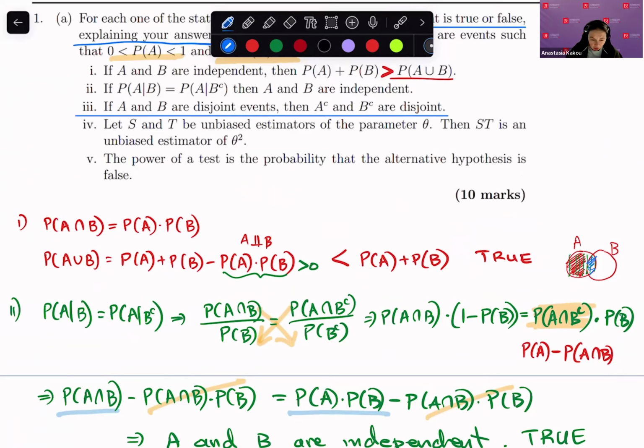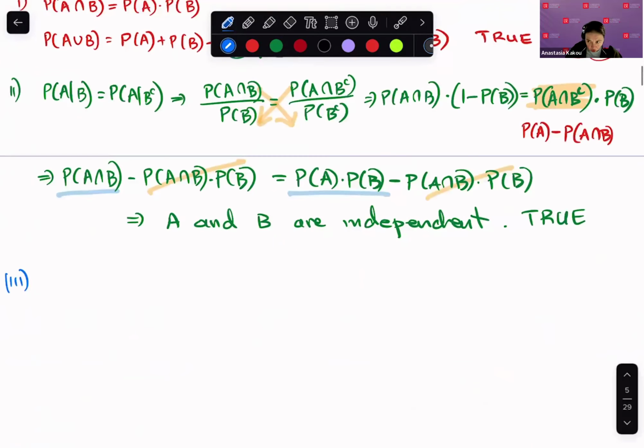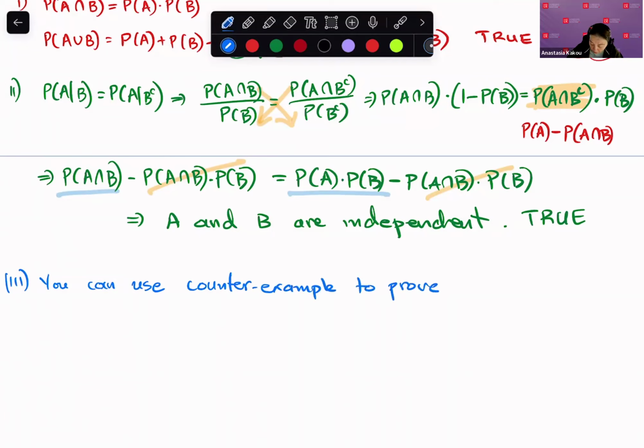Now, when you have to prove that a statement is false, you can use a counterexample. You can only use an example to prove something is false.